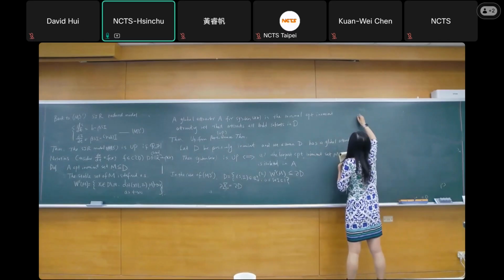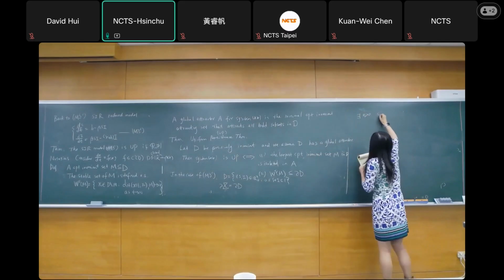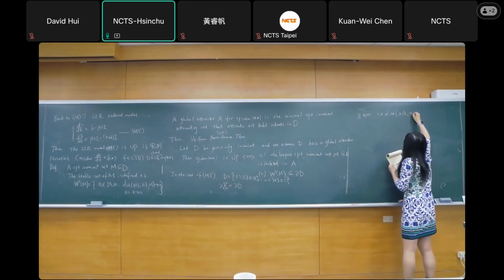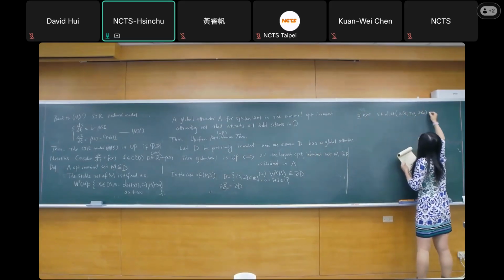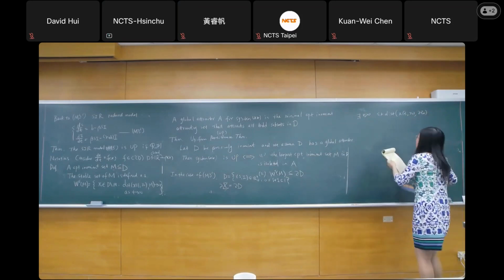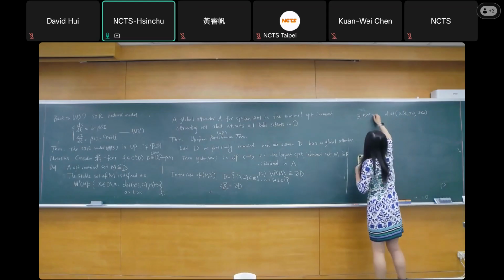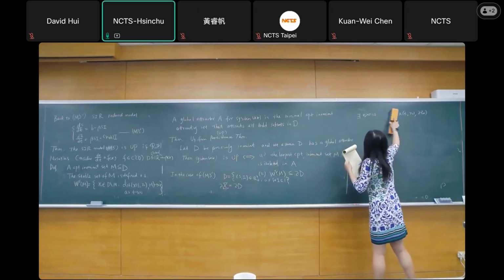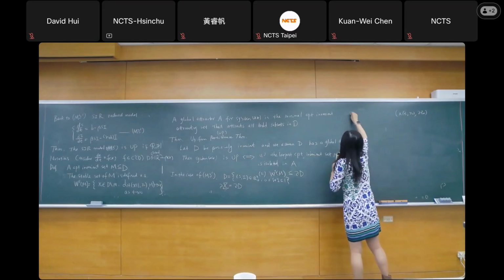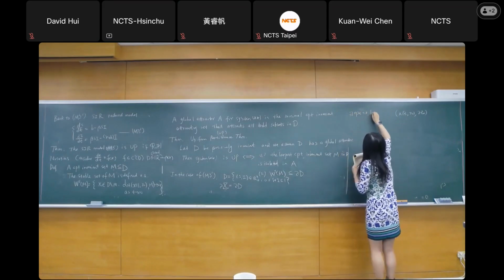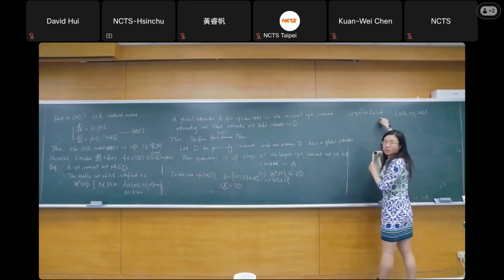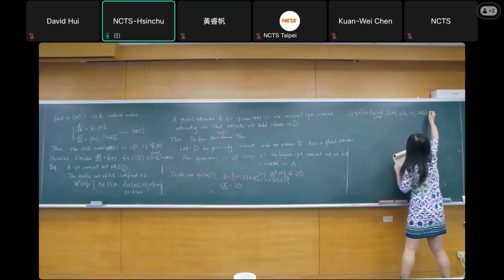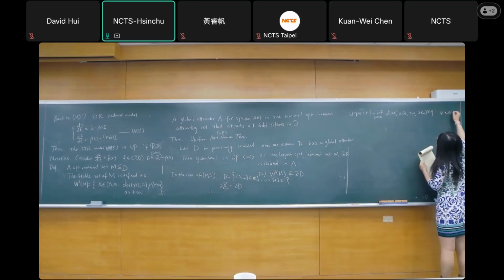Remember, by definition there exists eta bigger than 0 such that the distance between the limit, the smallest accumulation point as time goes to infinity, is at least eta for any x0 in the complement.